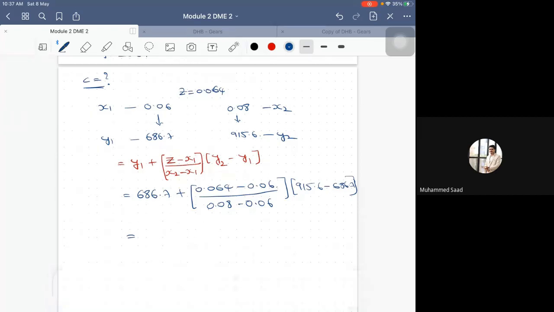What is the value of C? 732.48, isn't it?